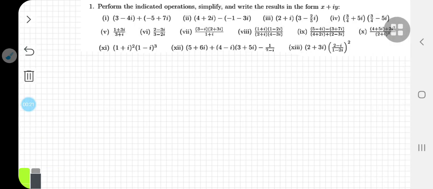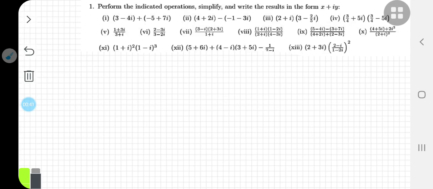So the question 1 says: perform the indicated operations, simplify and write the results in the form of x plus iy.